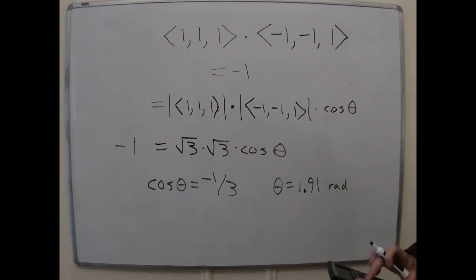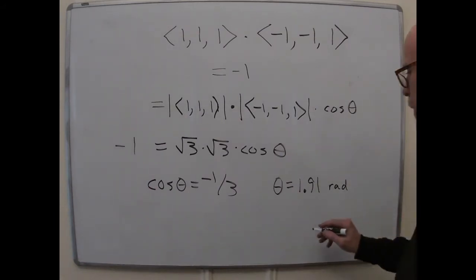Let's do this in degrees, just because I have a better feeling for degrees sometimes. Just put it into degree mode and took the cosine inverse of negative 1/3, and it's 109.47 degrees.